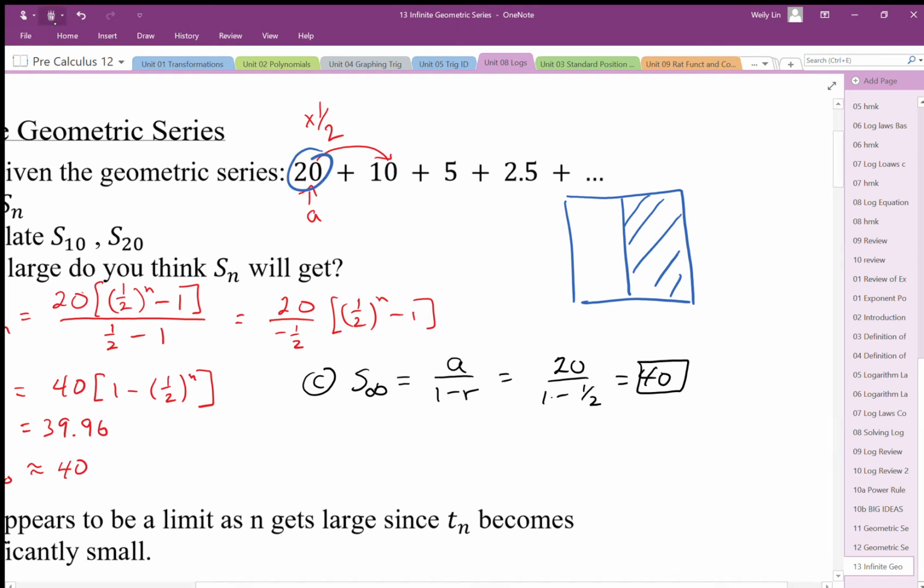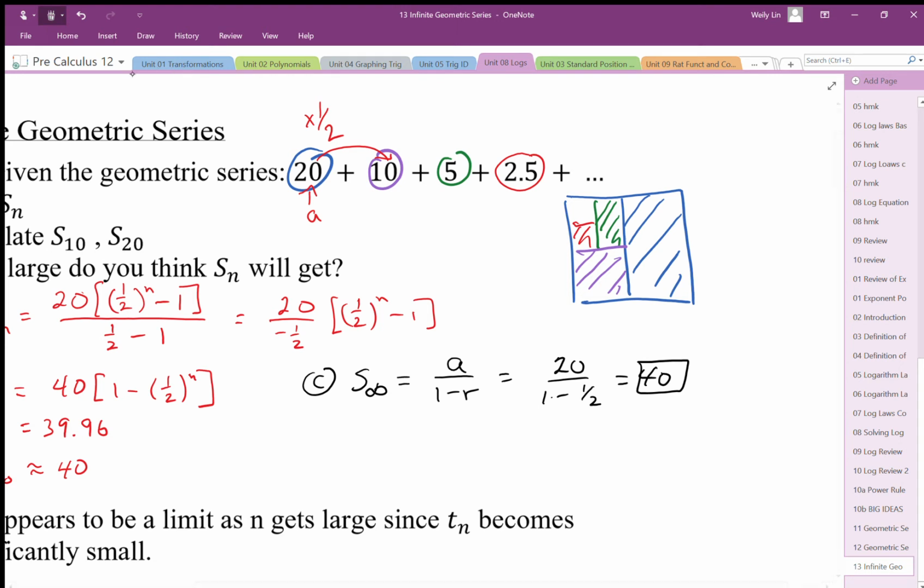The next is going to be shade 10, which is half of 20. So there it is. Then I can shade the next piece here, let's say 5, which is half of 10. So I can just take half of the remaining. 2.5 is going to be half of that 5, and we can just keep going.